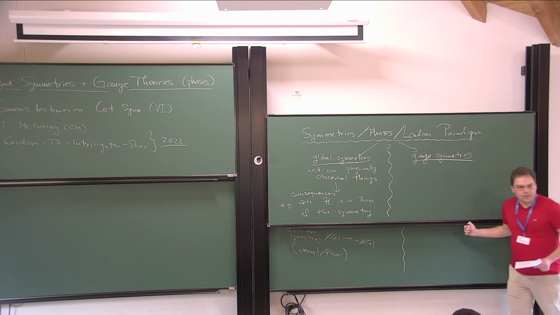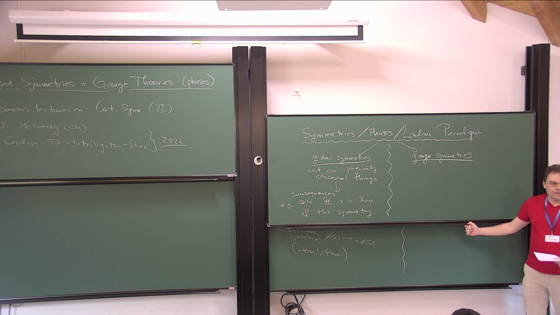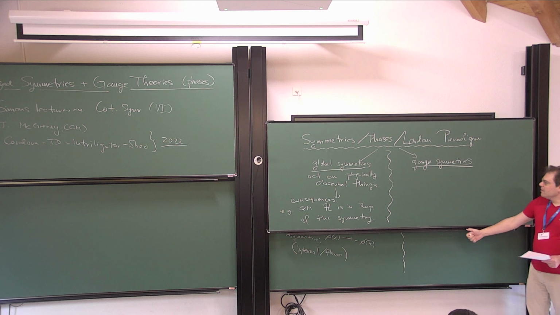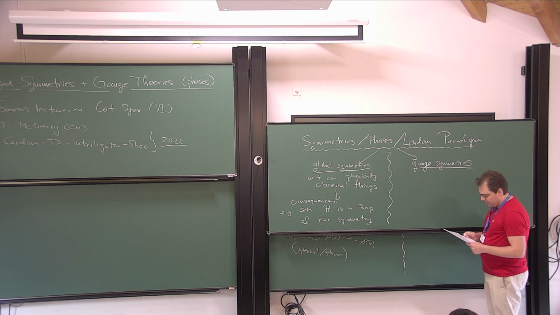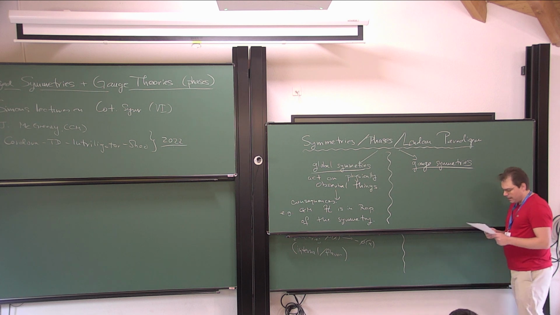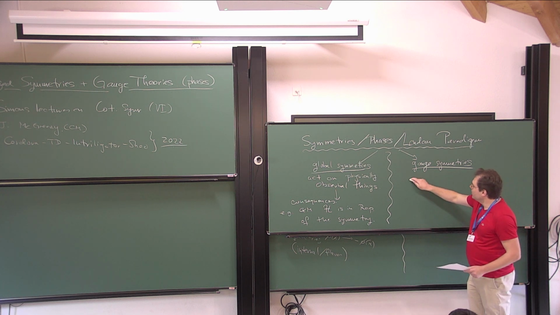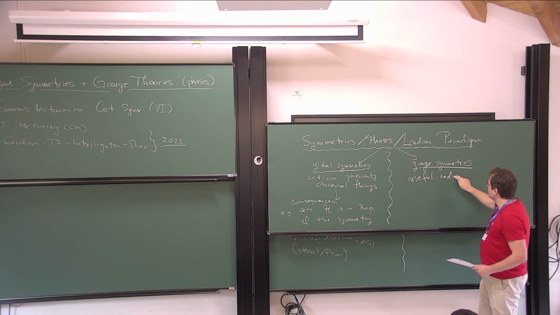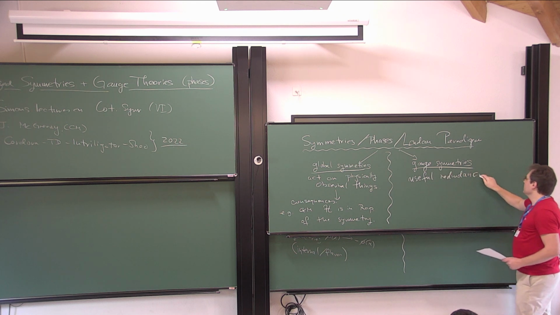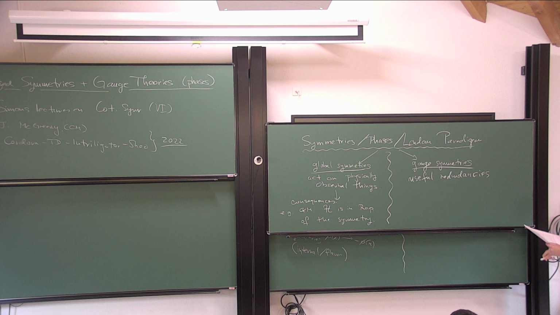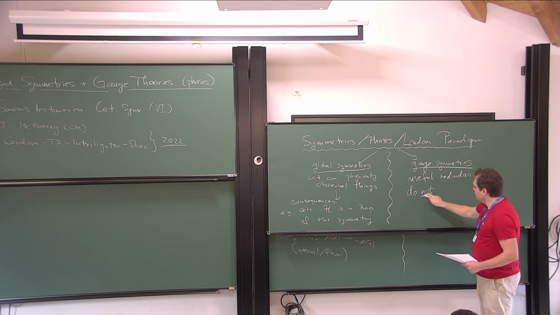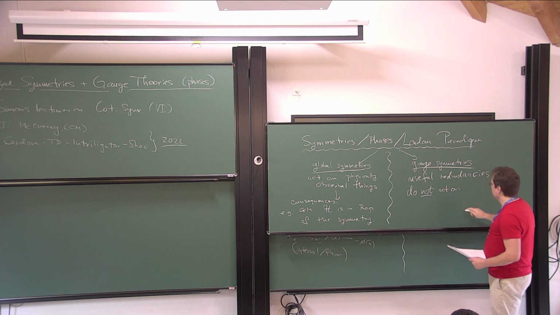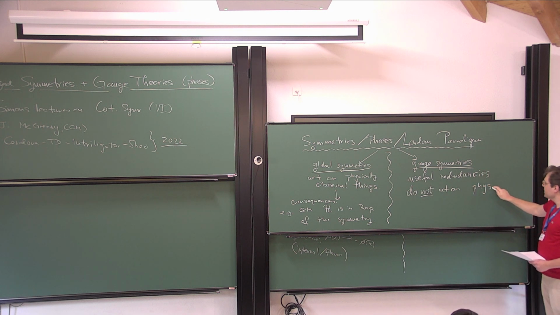So they're very useful, and we will encounter them soon, and there's every reason to study them, but it's important to remember what gauge symmetries are not. Okay. So these are useful redundancies in the description of a physical system, but they do not act on physical things, physical observables.